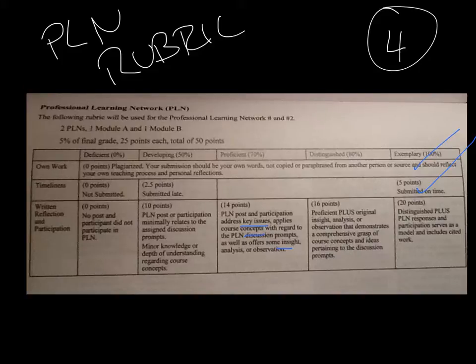To receive more credit, you explain how you would take further steps in your classroom to incorporate what you're learning from our classes and relate it back to the discussion prompts. And the last one for exemplary, it is a model with cited work. I would assume that you would use MLA format, but it just says that your work is cited.